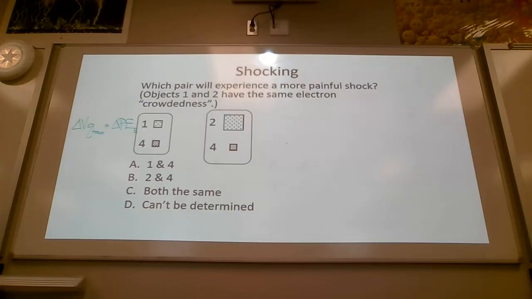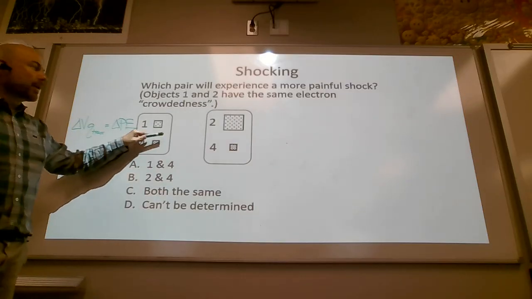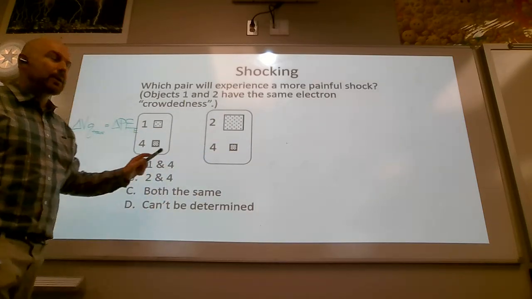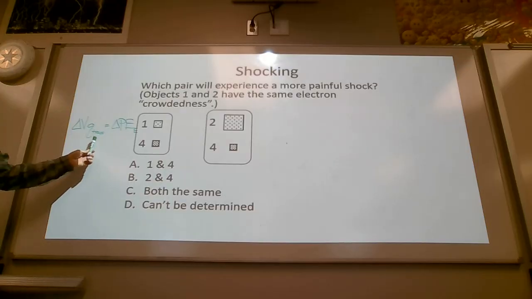What do you think? Which one's going to get a more powerful shock? Which one's going to have more electrons be able to transfer? They both have the same electric potential difference. Does that make sense? The comparison of crowdedness is the same. So which one's going to allow more electrons to be transferred? What do you think?